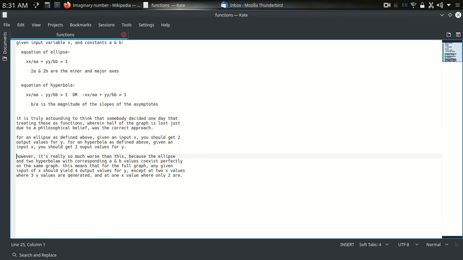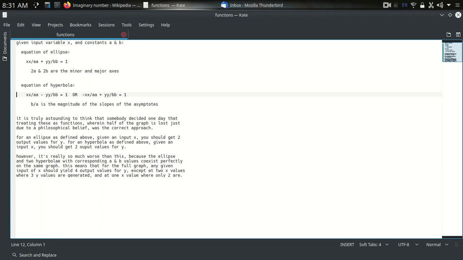Okay, however, it's actually much worse than this, right? As I just noted, the ellipse and the two hyperbolae with corresponding a and b values coexist perfectly on the same graph. Both of these equations for the hyperbola have the same asymptotes.